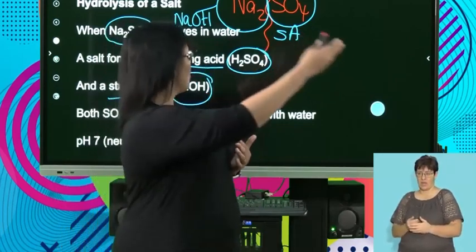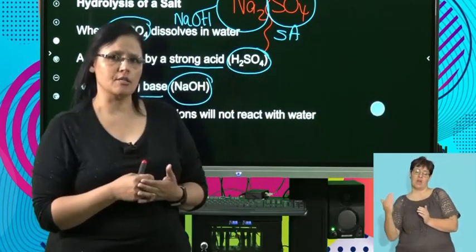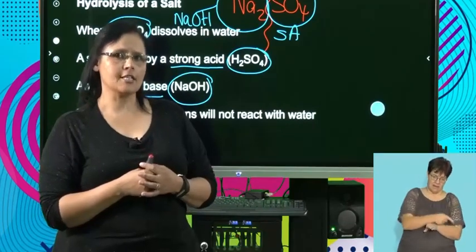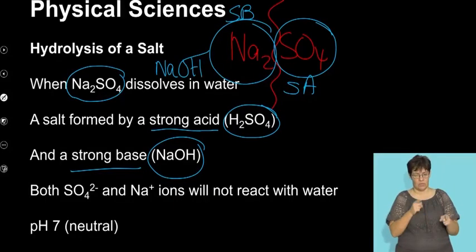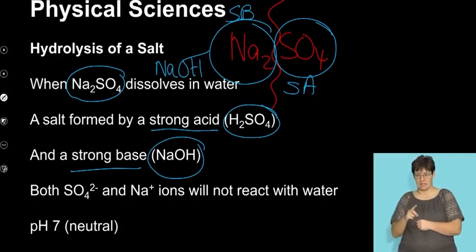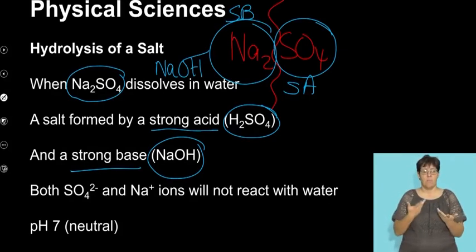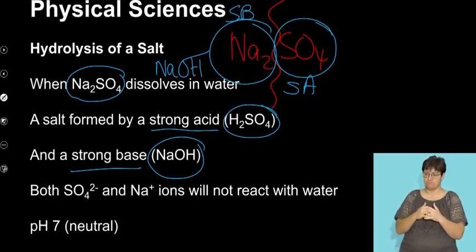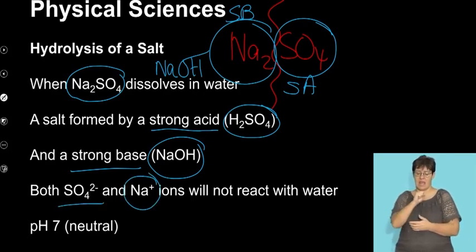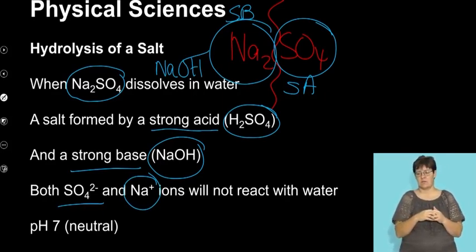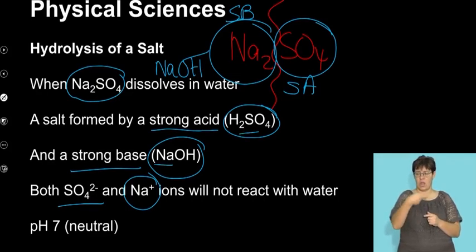The equilibrium will always lie far to the right, more products than reactants. So in both cases, both of these molecules will always try to dissolve as much as possible to form the sodium ions and sulfate ions of your salt.